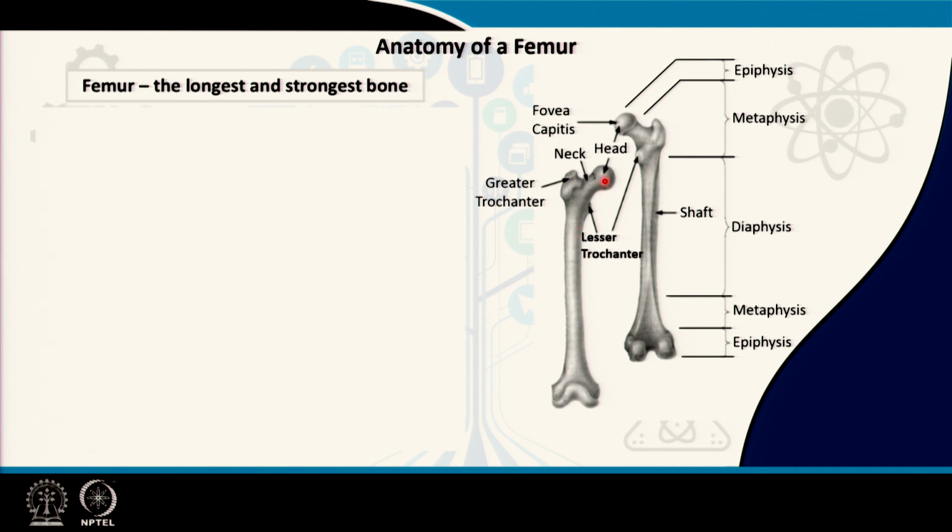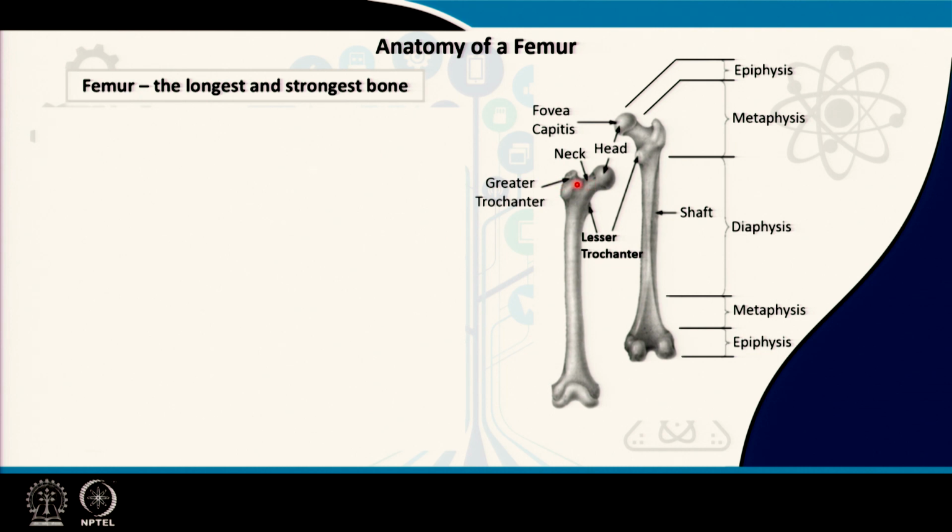To start with, the femur head, which is spherical in nature, and the neck of the femur, which is a critical bony structure within the femur. The cross section of the femur neck reduces abruptly from the head.